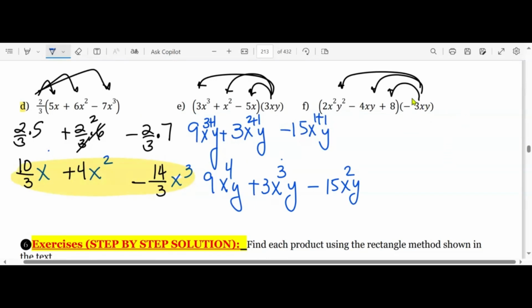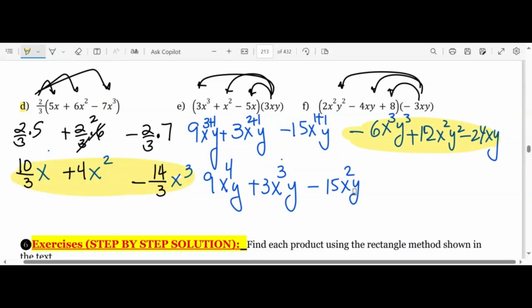Last one I'm going to do it directly. Negative 2 times 2, negative 2 times 3. I'm going to do it directly, okay? Negative 3 times negative 4, 12. Negative 3 times 8, 20. That's your final answer. I did it directly without steps. Is this clear?